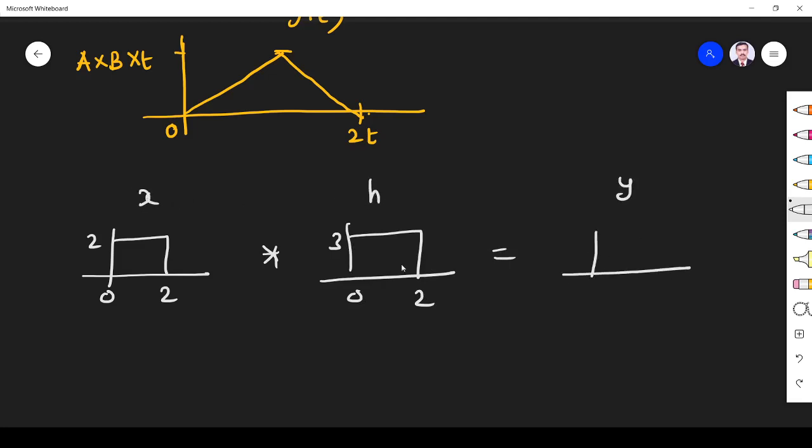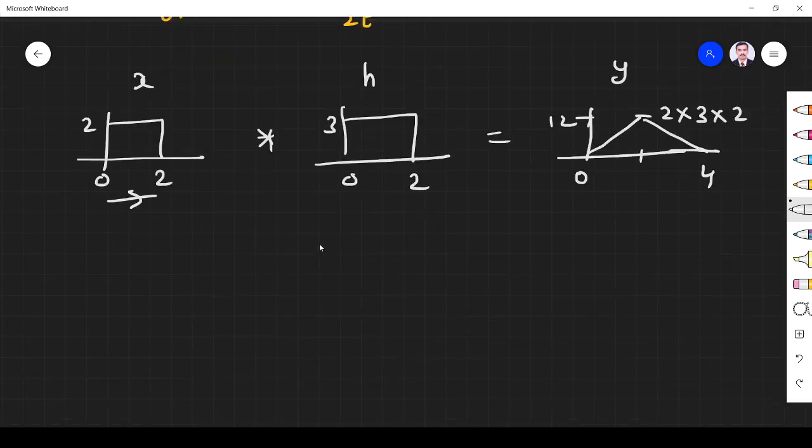Y starts from 0, 0 plus 0, here it is 2, here also 2, 2 plus 2 is 4, and it goes like a triangle. What is the maximum output? 2 into 3 is 6, and the time period is 2, so 12. The magnitude is 12. This is the shortest way to find the answer.